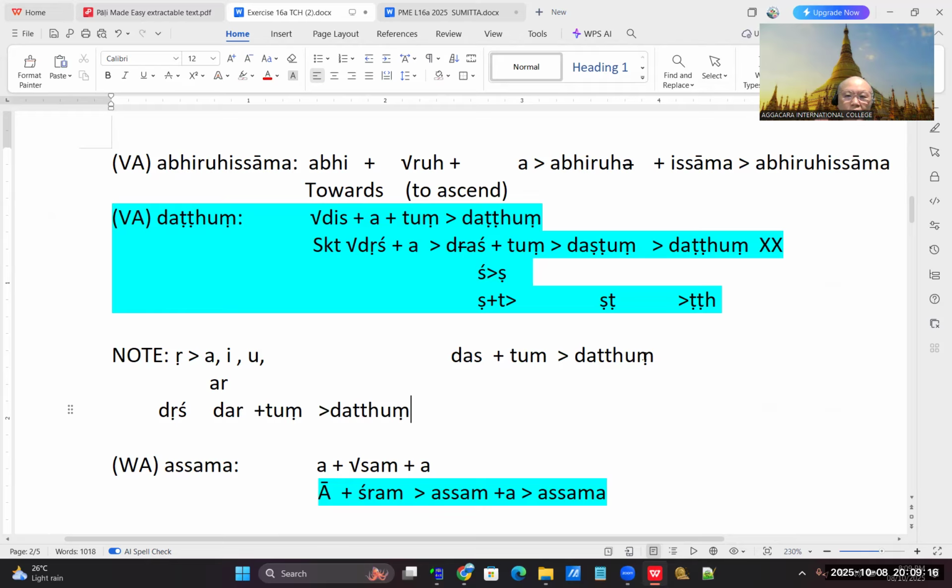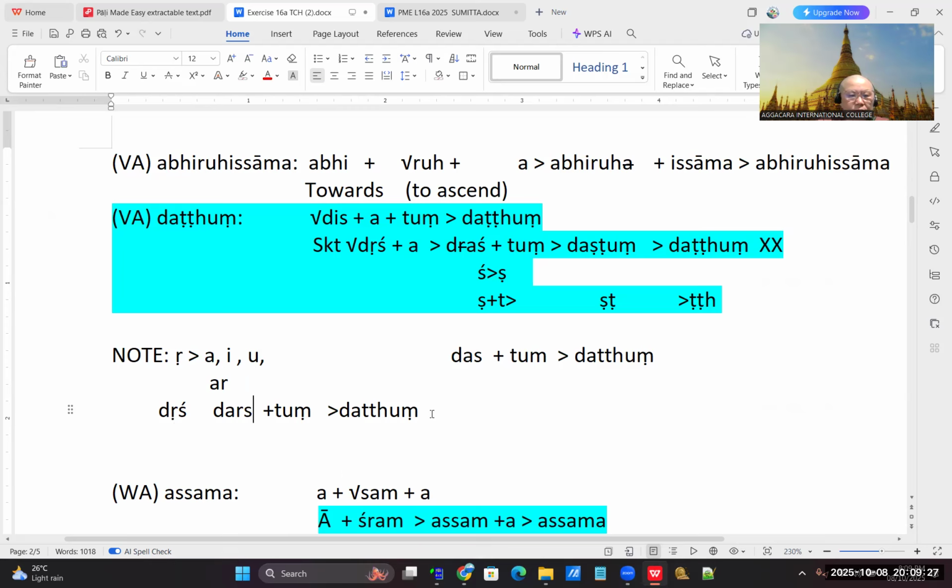Or you want to put the S. There's another S here. When S and T combine, you get TTH, dental to lingual.